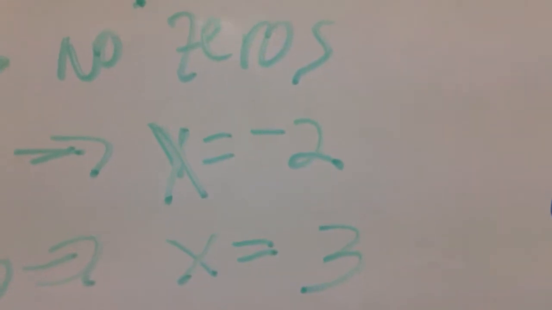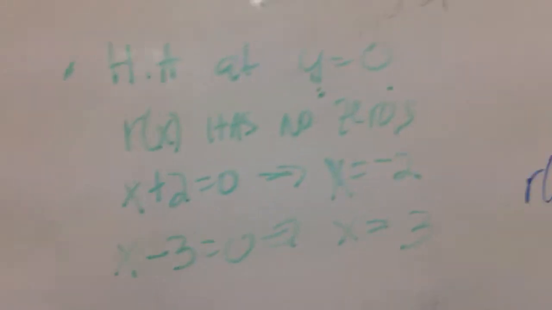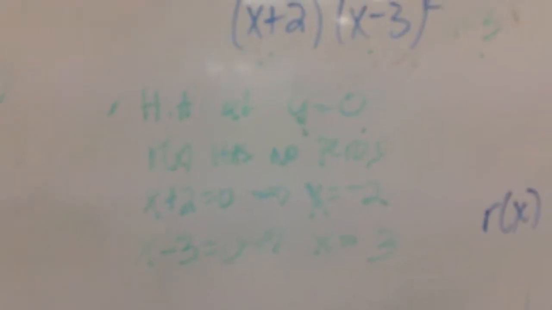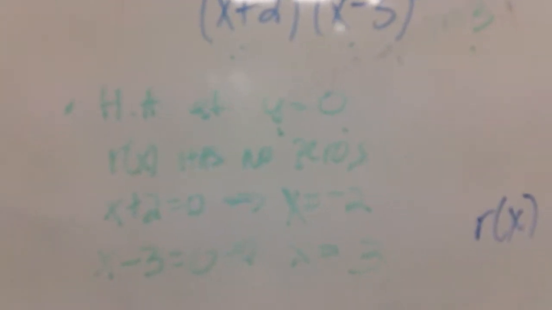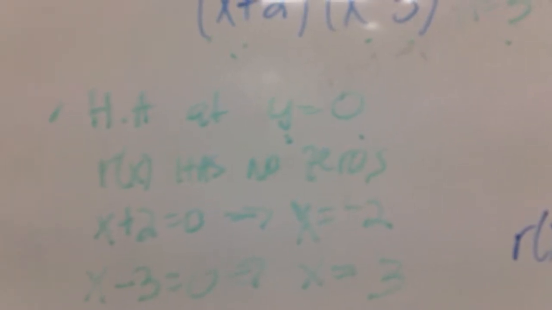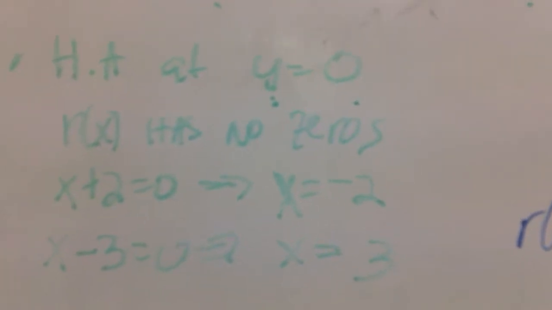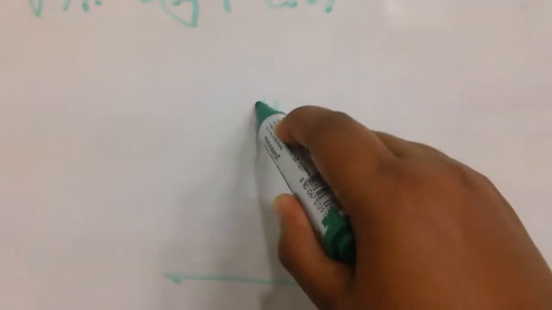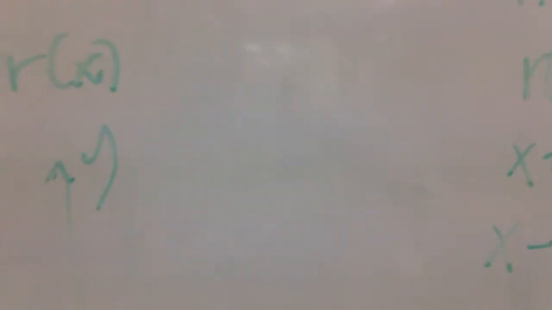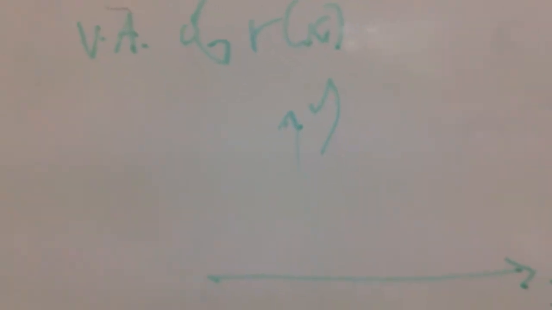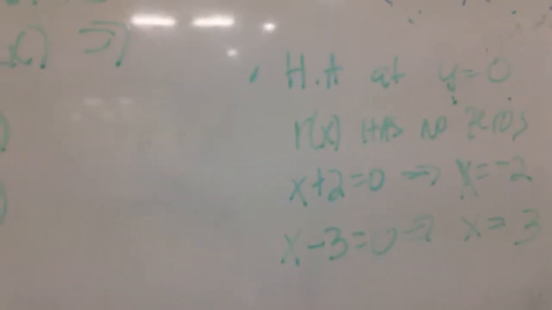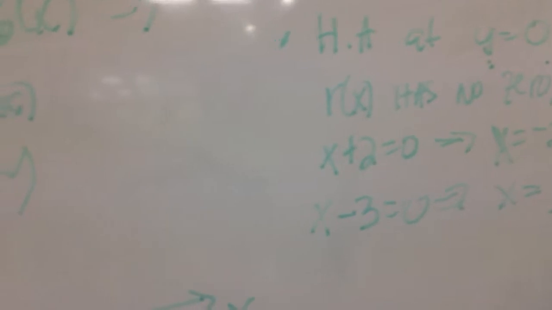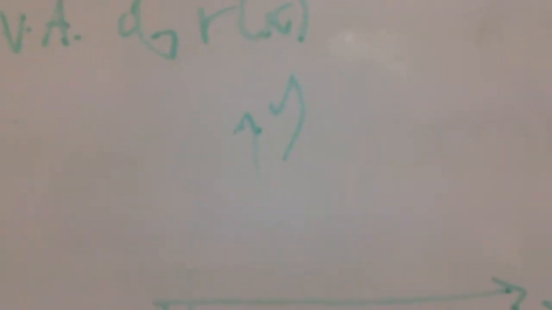Okay? So why is that of any importance? Well, we're going to take all this information and do basically a general sketch of this function without using a graphing calculator. So here I know I have a horizontal asymptote here, and I know I have no zeros, and I know I have, based off this information, vertical asymptotes at negative 2 and 3.